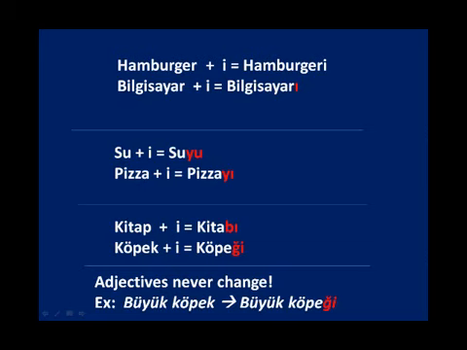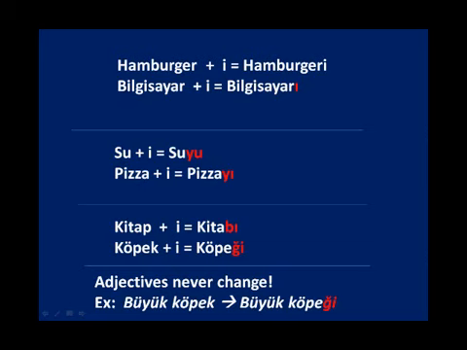And a very important rule: the adjectives never change, okay? In some languages, like German or Russian, where they also have the accusative, the object form, they change the words, and if there's an adjective qualifying that word, that also changes. In Turkish, this never happens.